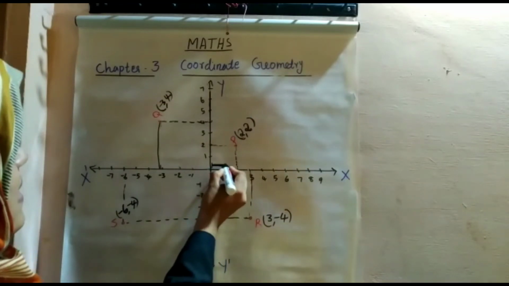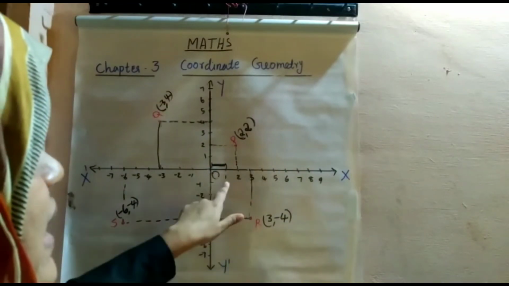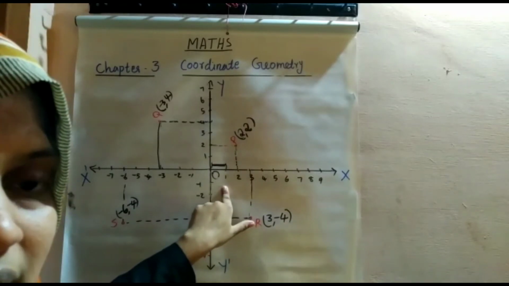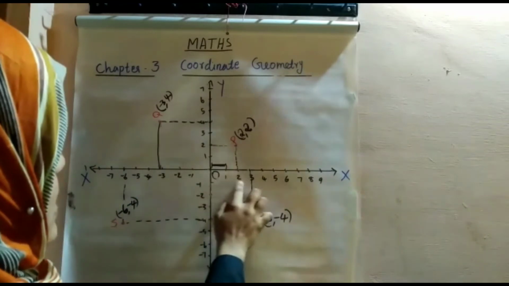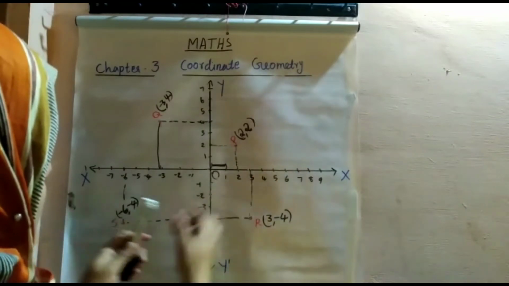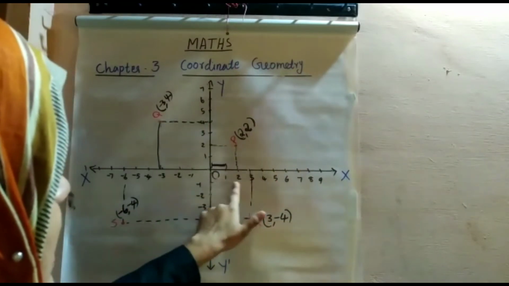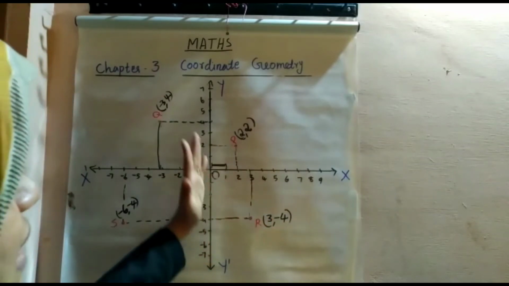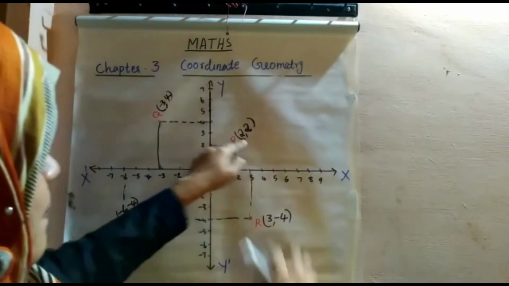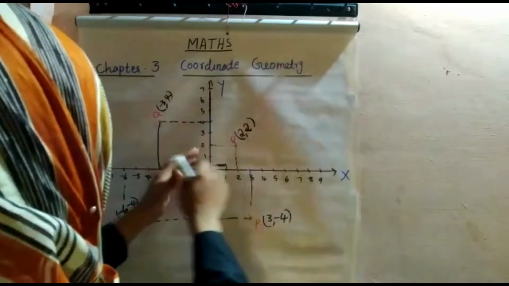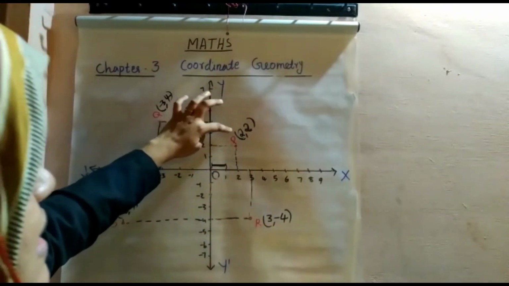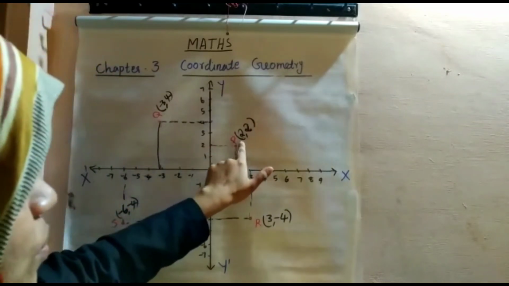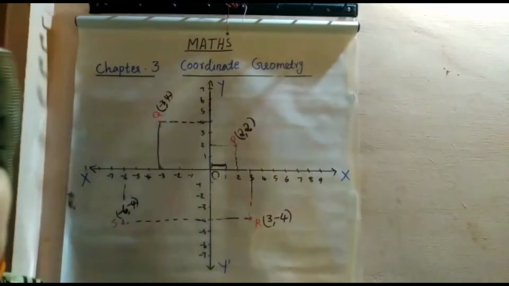You can take 1 unit as 1 centimeter when you draw on graph paper. So 2 centimeters or 2 units distance. Actually, the x coordinate means the distance of this point P from the y axis.